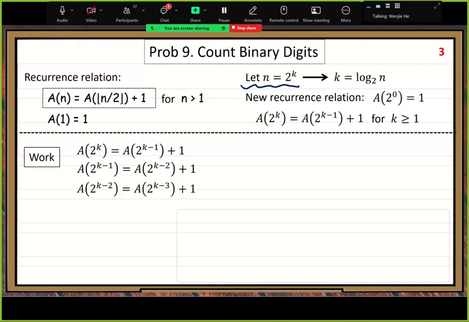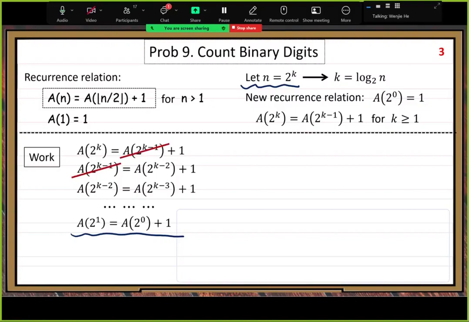Okay? And then we keep applying this recurrence relation all the way down to the last equation. So this is the last equation. Then if we add all these equalities up on both sides, we can do a lot of cancellations.